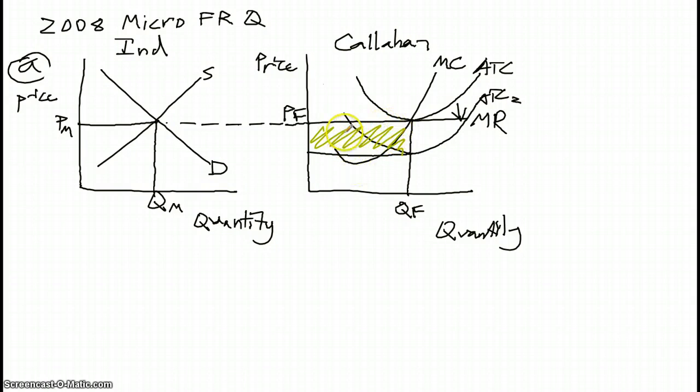So more people are going to want to join the industry for apples to get some of the money, and so more firms will enter, which will increase the supply of apples since there are more companies producing them. So supply would increase, and because supply increases, the price would go down, which also affects Callahan.